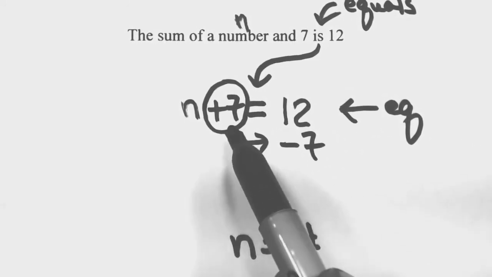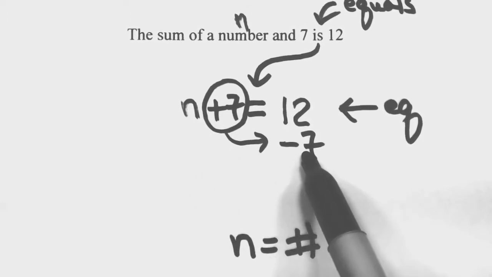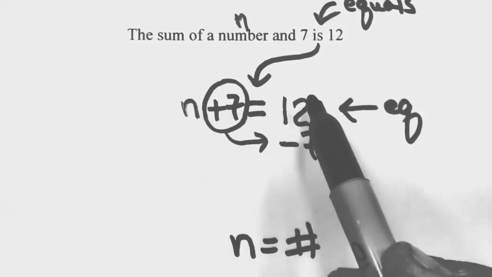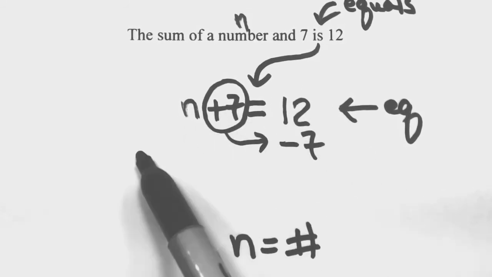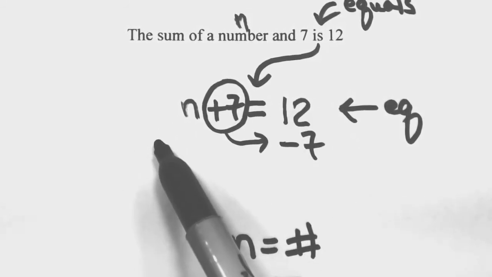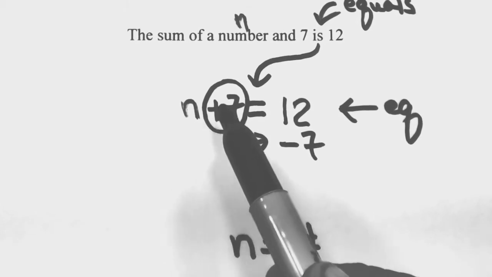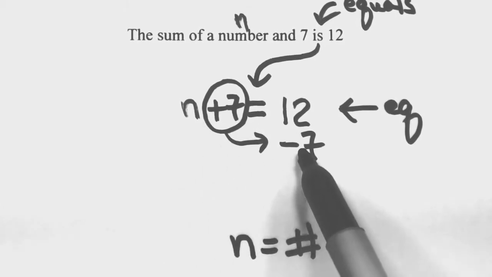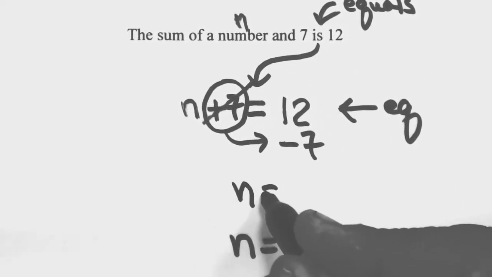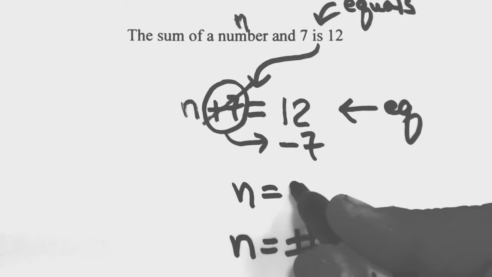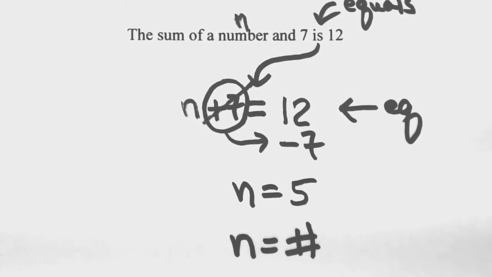Now remember, once again, when you jump terms one at a time, the sign of the term changes. If you were to completely swap both sides, nothing would change. So that's the difference: changing the sides wholesale, no change in signs, but when you jump terms one at a time, then the sign does change. Okay, well, the plus 7 became negative 7, so we simply end up with n equals 12 minus 7, which is n equals 5.